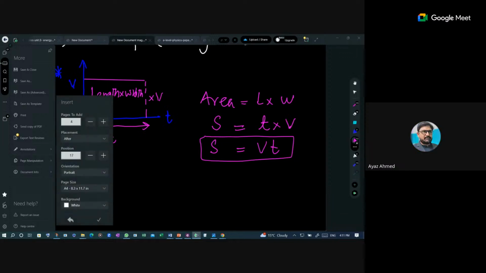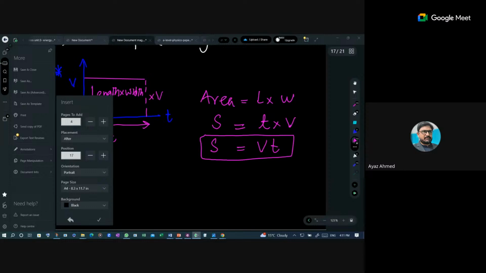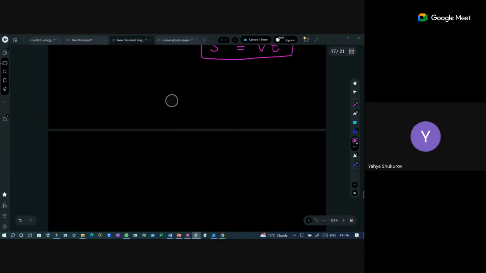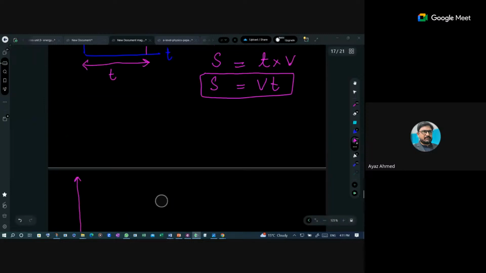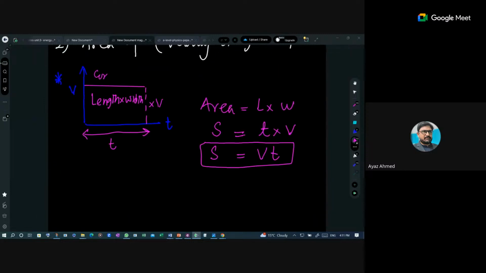Okay, then if I have another type of graph, that was the constant speed. Sorry, I have to mention that the constant speed graph is a constant speed or velocity graph.